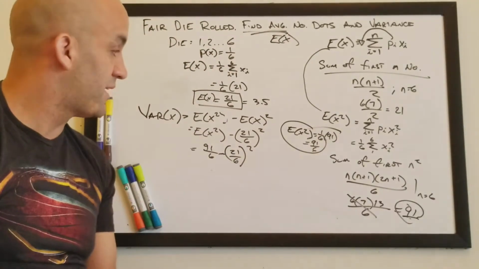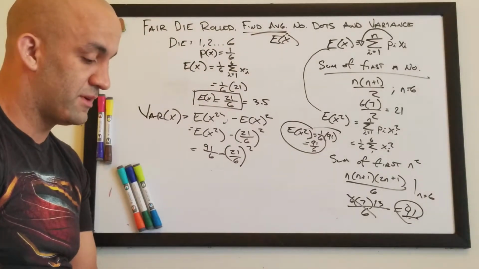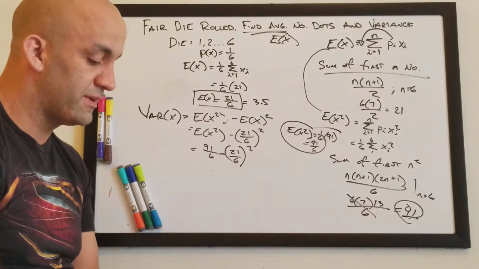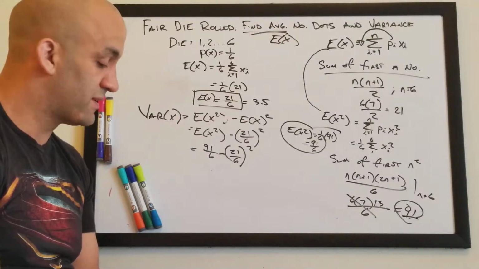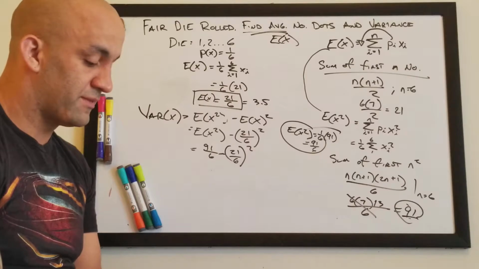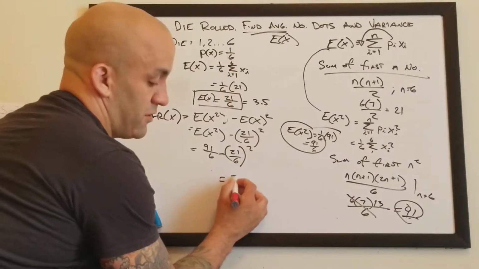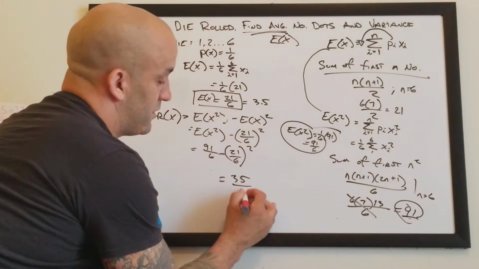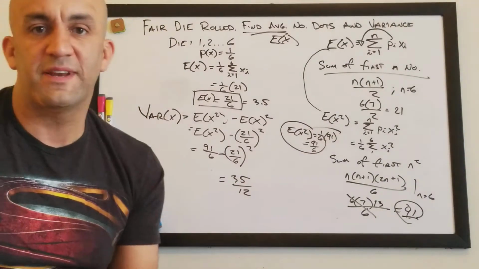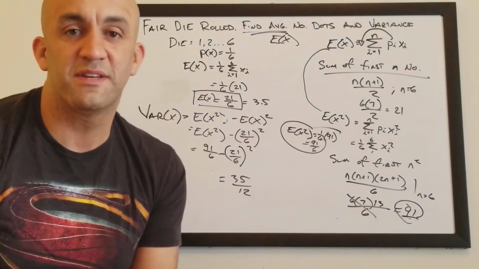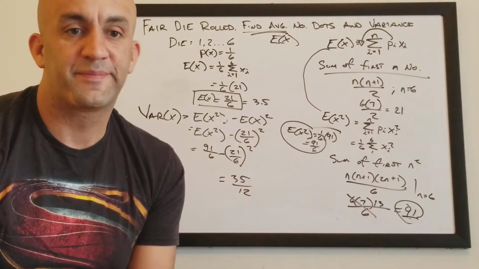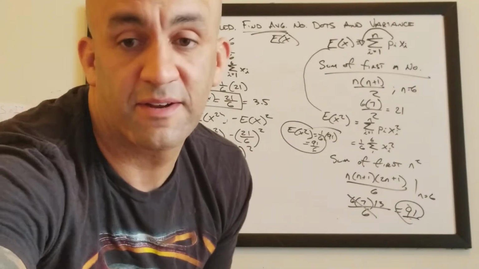We could solve that out. What was that? 91 divided by 6 minus 21 divided by 6 squared. That's going to equal 35/12. So that's how you go about finding the expected value and the variance for rolling a fair die, right?